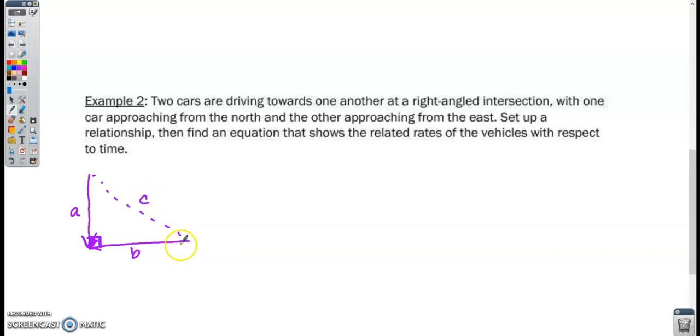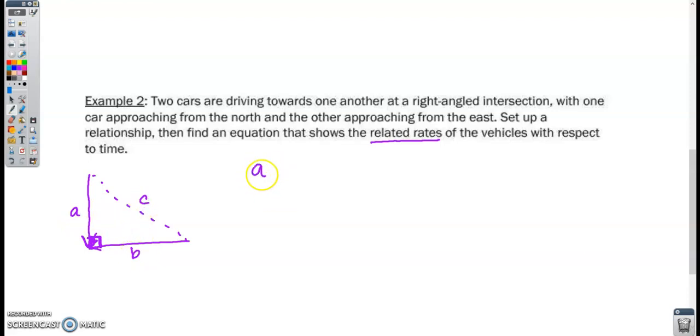So as these 2 cars drive closer and closer to the intersection, the values of A, B, and C are all changing as time goes by. But now we can develop a model that shows the relationship between the rates of the vehicles with respect to time. So I start with an equation with all of these variables contained, a squared, b squared, c squared.